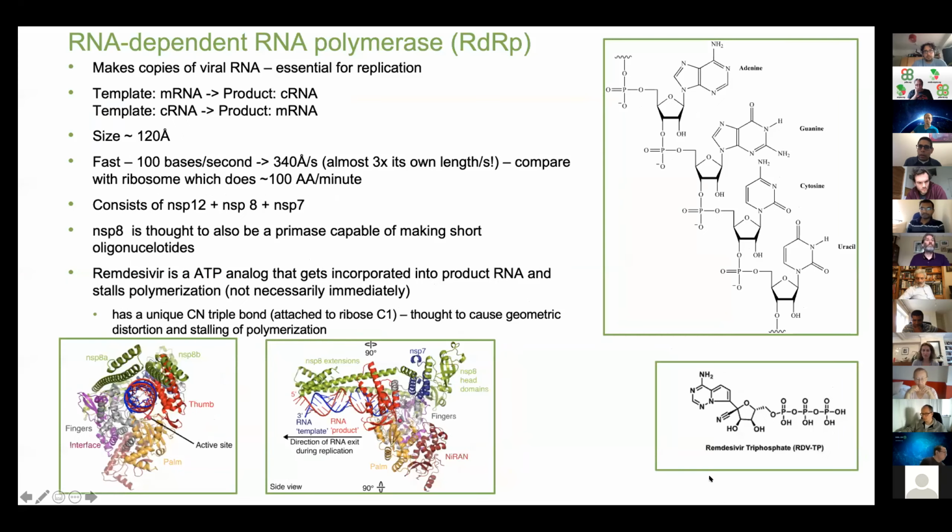Okay, so I just have this slide here just to get things going. In this case, we have an RNA-dependent RNA polymerase. So if you've got the mRNA as template, you're getting the cRNA and vice versa.